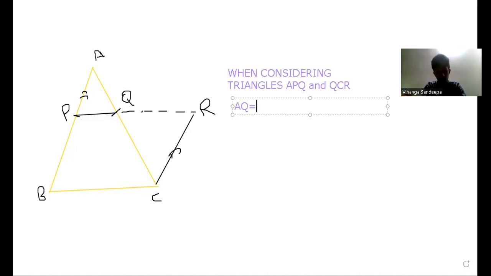AQ equals QC. Reason is Q is the midpoint of the side AC. So you have to write in this space.